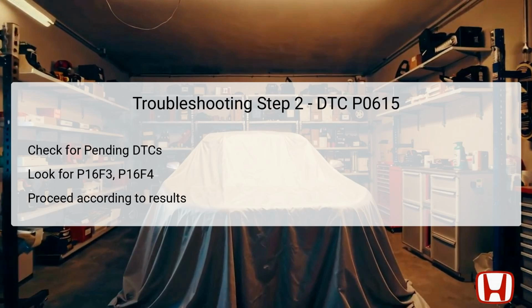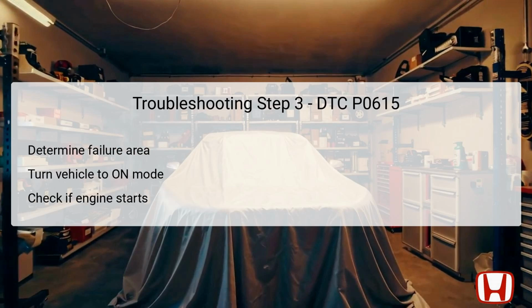Conversely, if neither P16F3 nor P16F4 is indicated, you can proceed to further steps in troubleshooting the original DTC P0615. Understanding the relationships between these codes can greatly enhance the effectiveness of the diagnostic process.